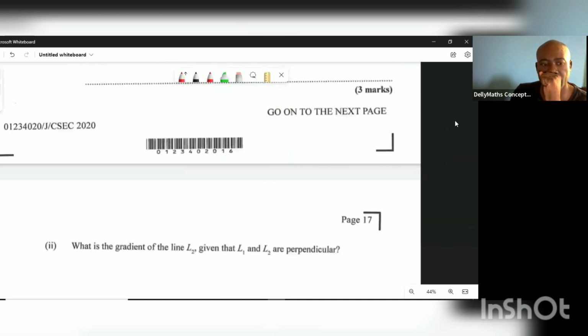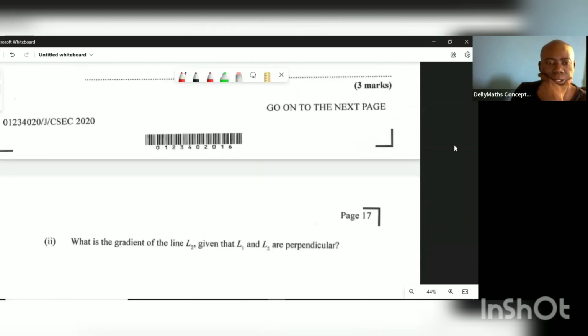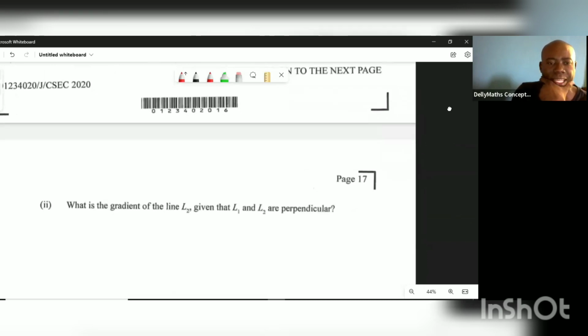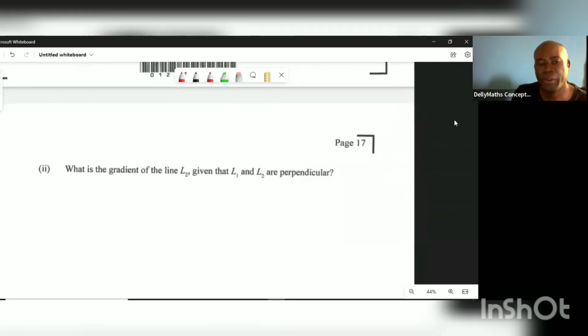Let's see the next. All right, so they're asking what is the gradient of the line L2, given that L1 and L2 are perpendicular. So L1's gradient is equal to -1/2.